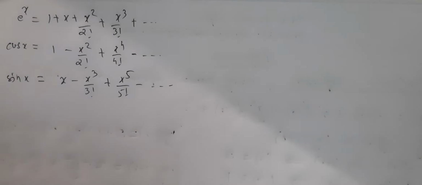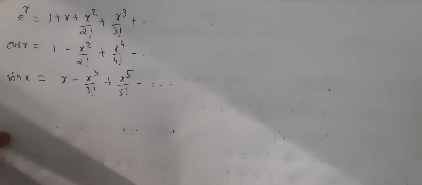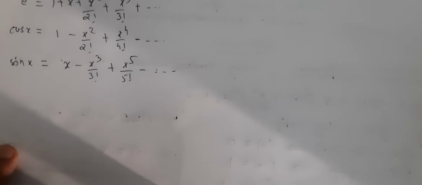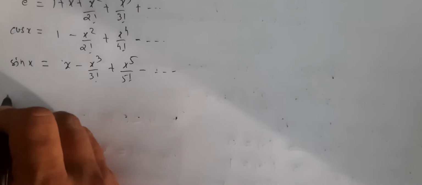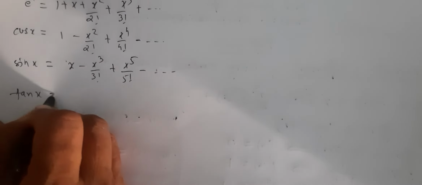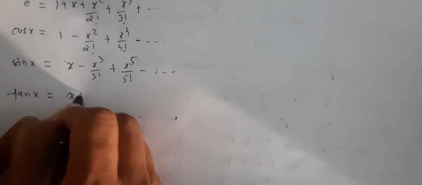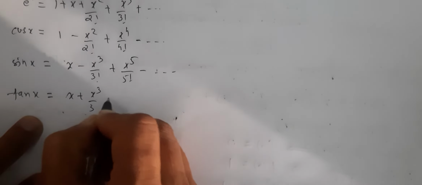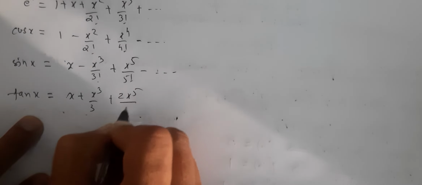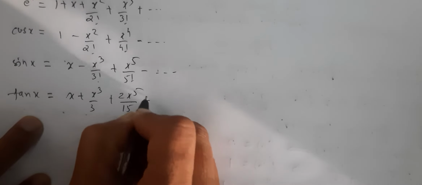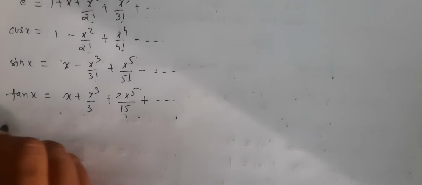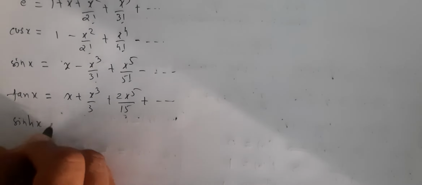Now any of the standard expansions you can always find out using Maclaurin series. Whatever we had done for log of 1 plus x, exactly the same way you can find all these expansions. We have tan x, that is x plus x cube by 3 plus 2x raised to 5 upon 15, etc. Next we have sine hyperbolic x.